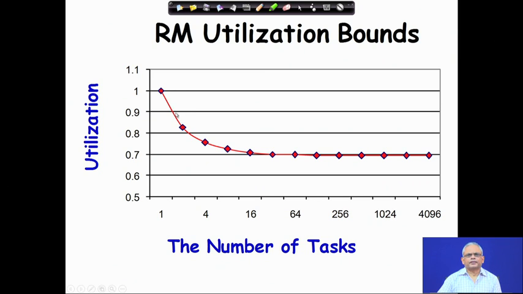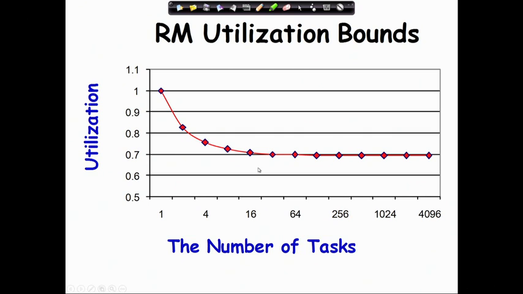So, as long as we find that a task set's utilization is less than 70%, we can conclude that it can be feasibly scheduled by a rate monotonic scheduler.